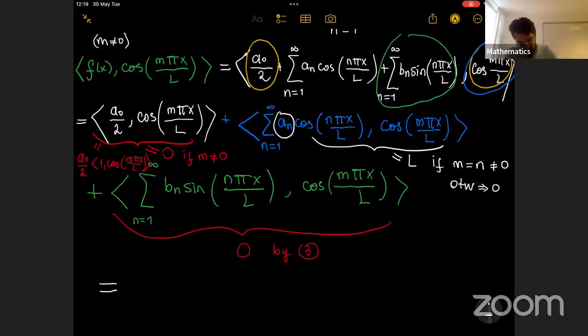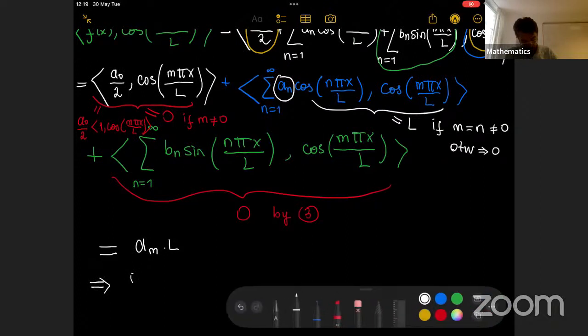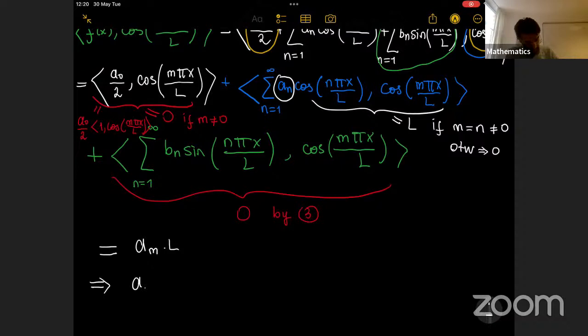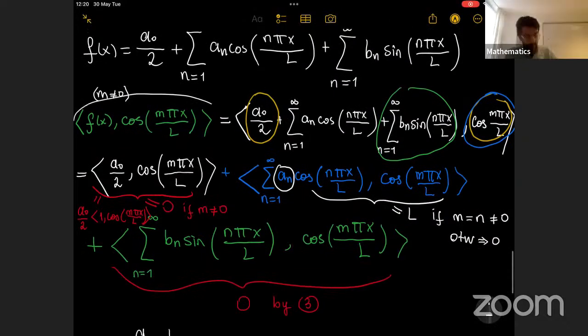So that means we will only have am times L from the second inner product. From the last product, we get nothing again. So this implies what? am is equal to, remember we start with f of x and cosine here, all right? We start with this.